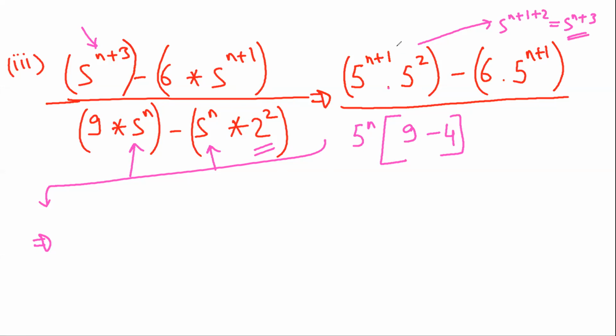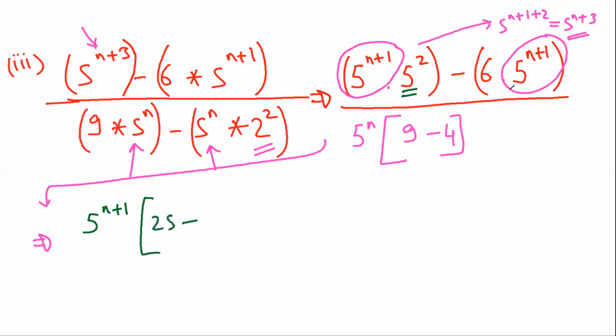So now I'll take this and this common. When I take it as common, so I have 5 raised to power n plus 1. This is 5 square. 5 square is 25 minus 6, whole upon 5 raised to power n into 5.